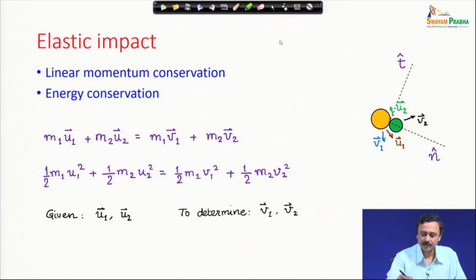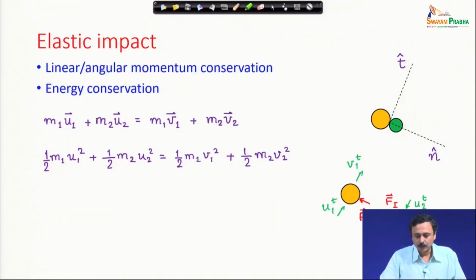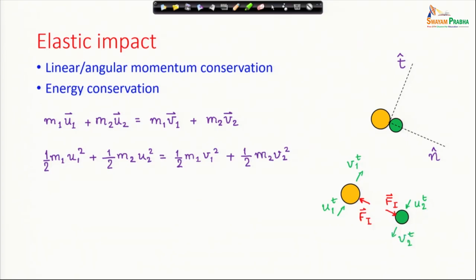The considerations for the spatial problem will be the same. What do we do? We have the linear momentum conservation, 2 equations, and kinetic energy conservation, one scalar equation. Let us decompose the velocities.